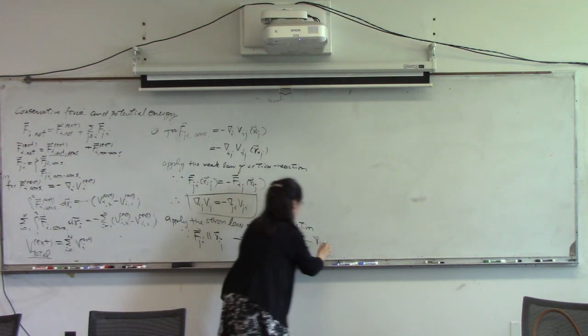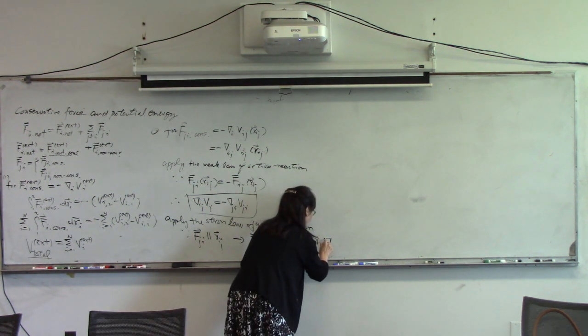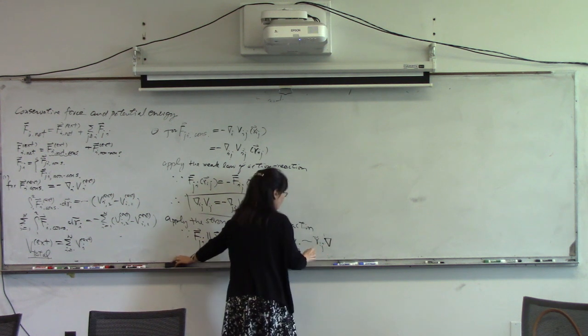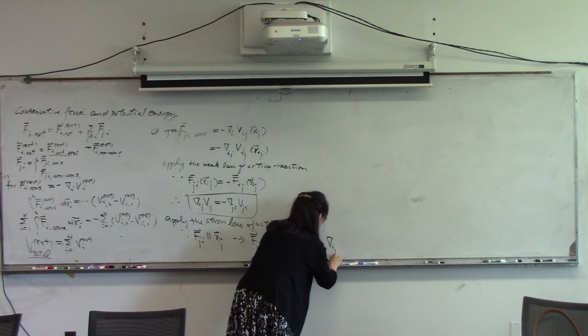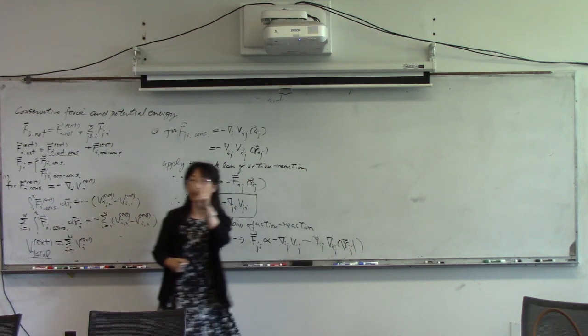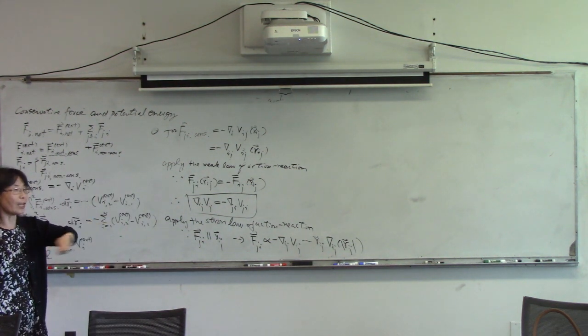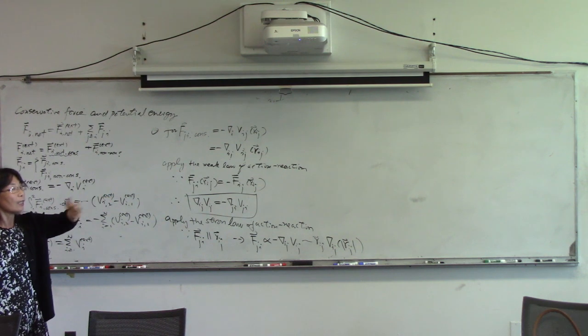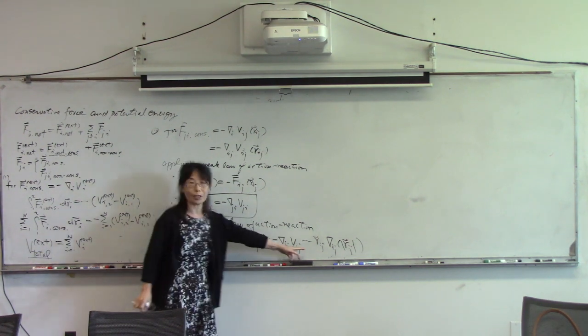And then this gradient is only a number, maybe negative, maybe positive. Now this is only dependent on the absolute value of the distance. That means the potential V_ij is only dependent on the distance between i and j. It does not depend on the direction. And then the gradient is parallel to this r_ij.